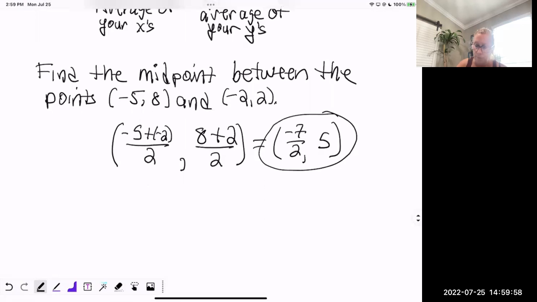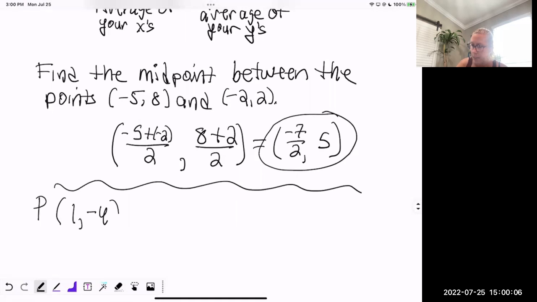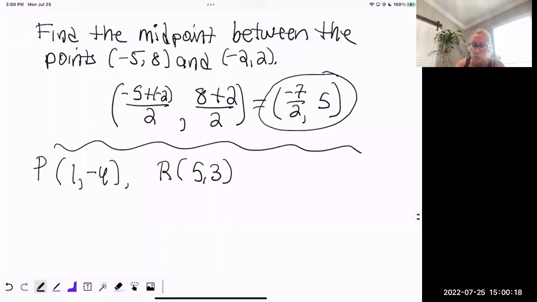Okay, one more. Same thing, midpoint. Here are my 2 points. This time they might label them. Point 1 is P, and then point 2 is, let's say, R. They're just telling you what is geometry. Point P is 1, -4, and point R is 5, 3. That doesn't really matter to us. We just want to find the midpoint.